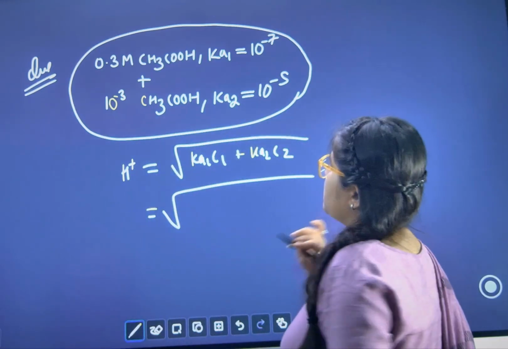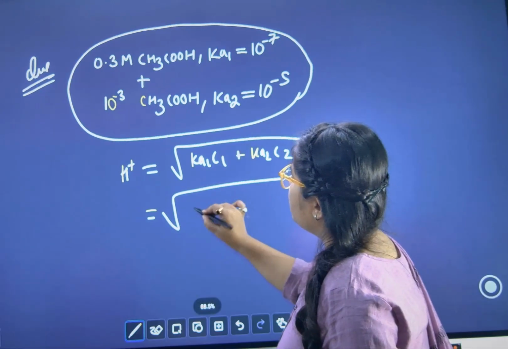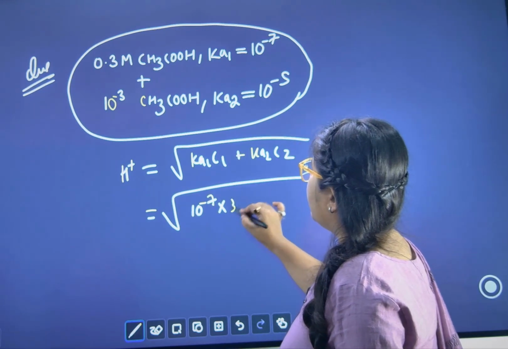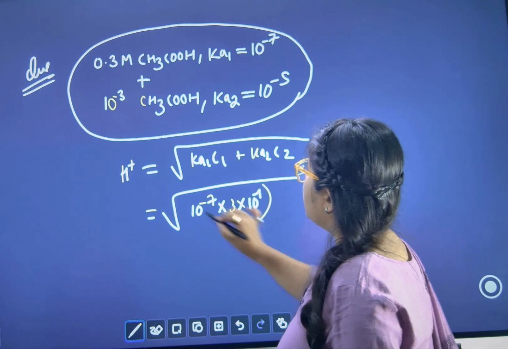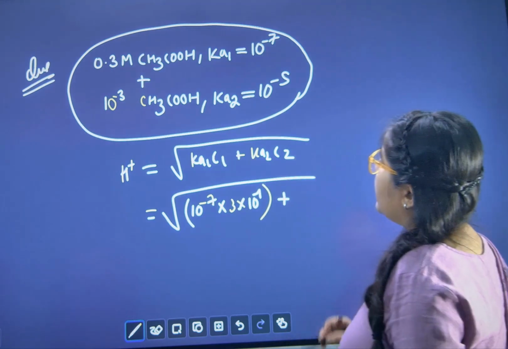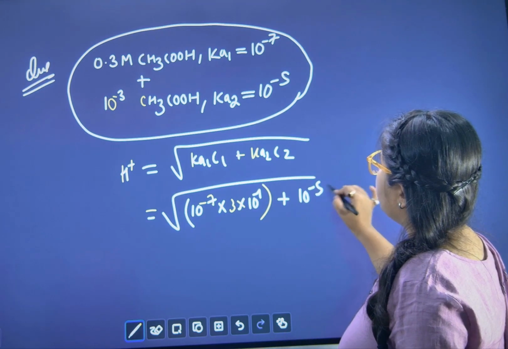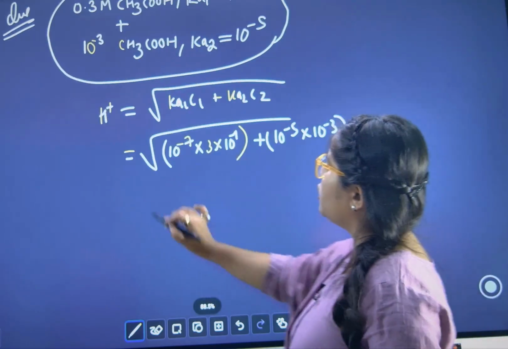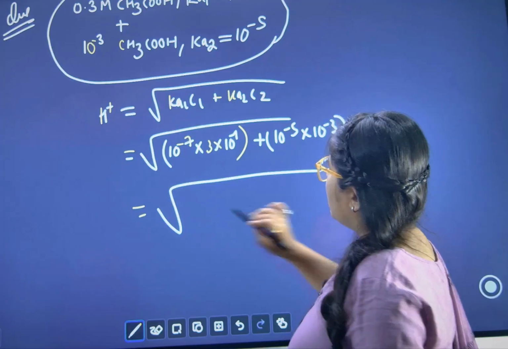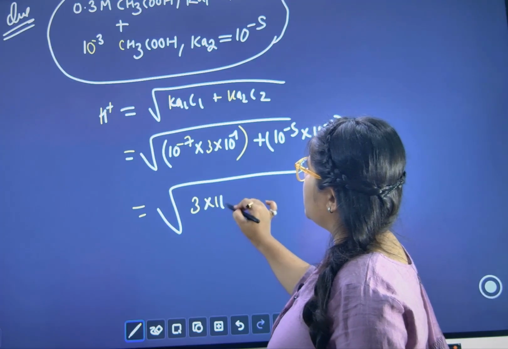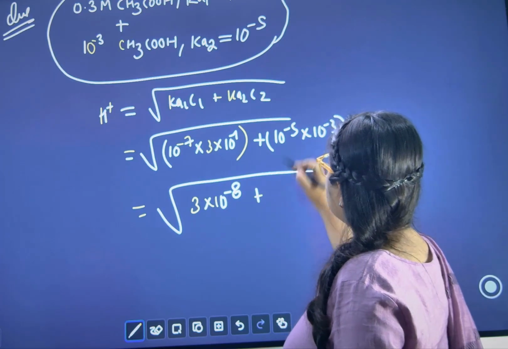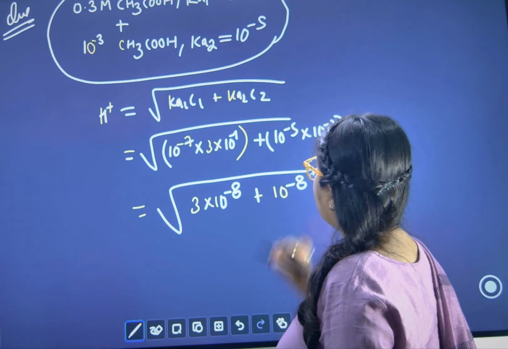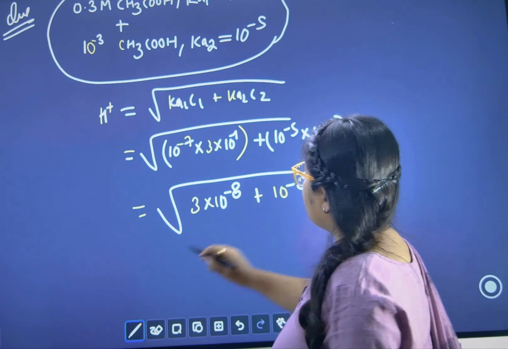Okay, let us solve fast. So Ka1 10 to the power minus 7 into 0.3. Can I write it as 3 into 10 to the power minus 1, plus Ka2 10 to the power minus 5 into 10 to the power minus 3. Okay, now here it will come 3 into 10 to the power minus 8 plus 1 into 10 to the power minus 8.